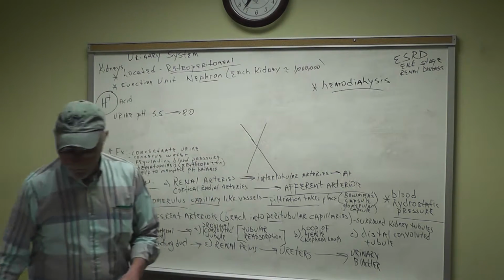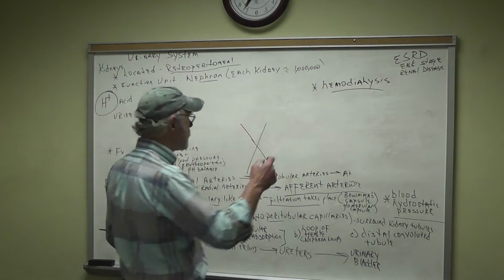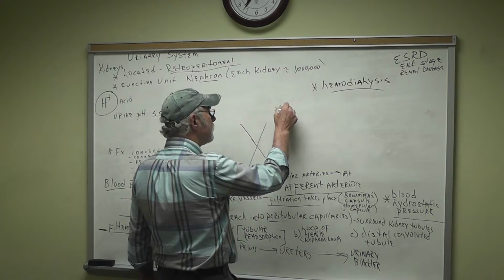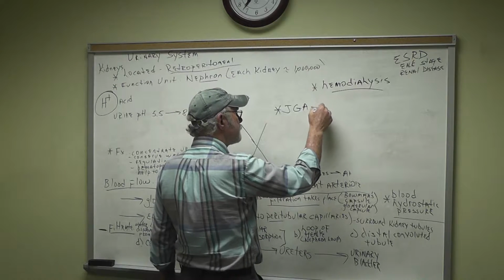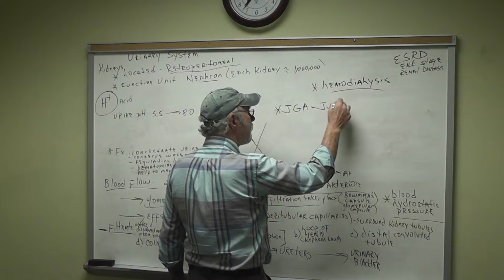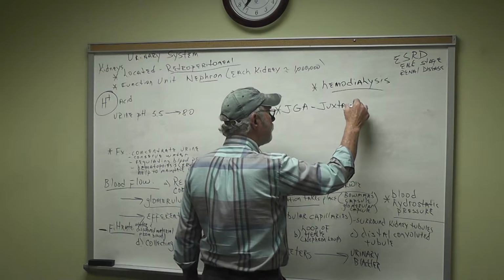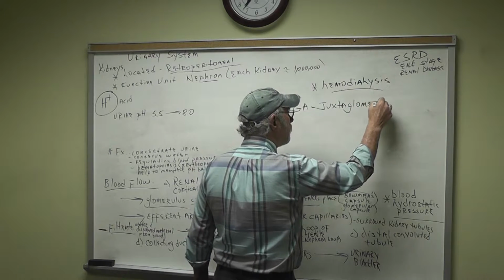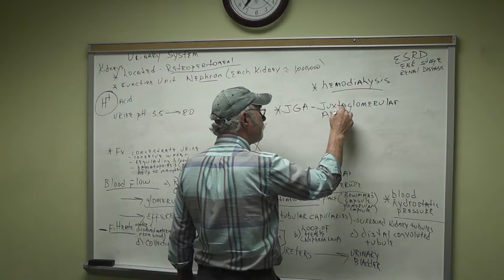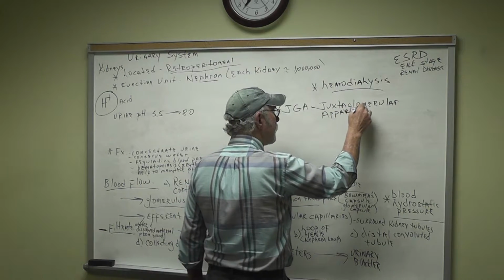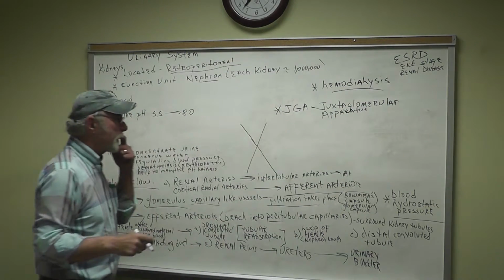There is an area in the kidneys called the JGA, and that is for the juxtaglomerular apparatus. All right, and you can kind of take a look and see where that is.